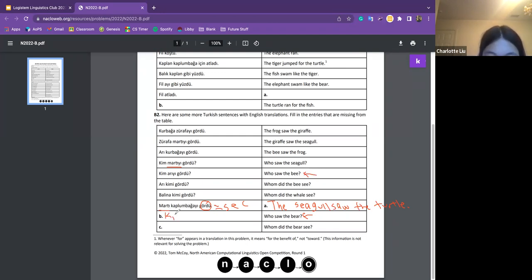Something you notice here is that at the end of all of these, they have an extra YI. So it's going to be this, and then the word for bear, which is this, plus the YI, and then saw.